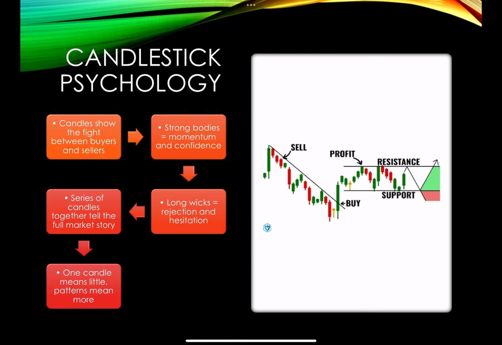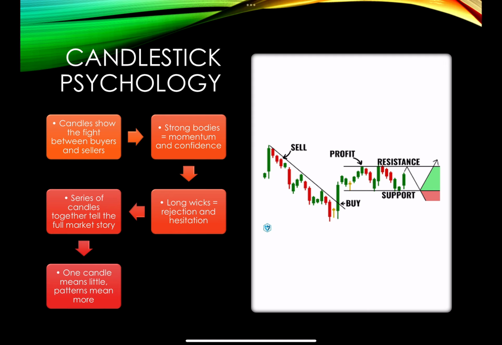Okay. Next is a series of candles together tell you the story of the full market. So, like I said before, you see this big bearish structure. You got your little hammer right here, and you have the market going up. I said doji before, but that's actually a hammer. But if it's a hammer right here, or it's a doji right here, it's still a good indication of a reversal. Okay.